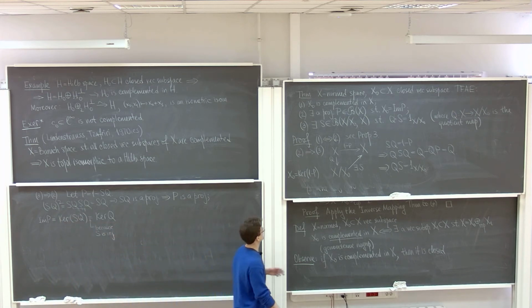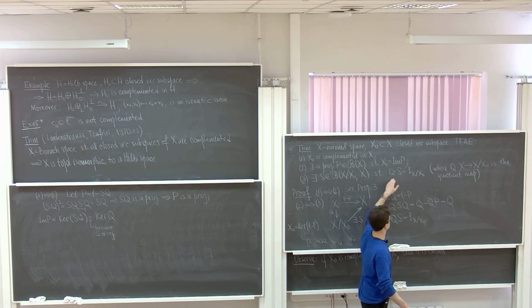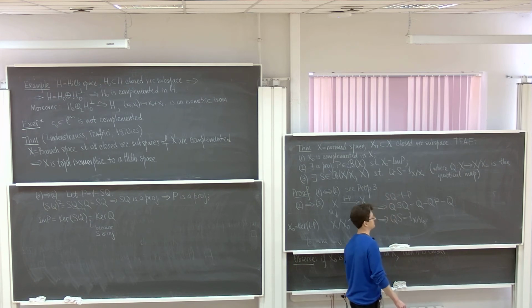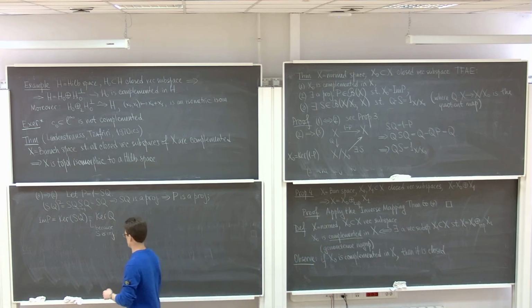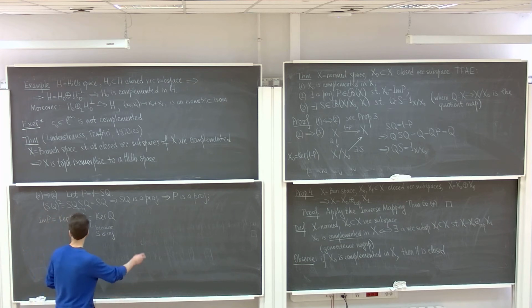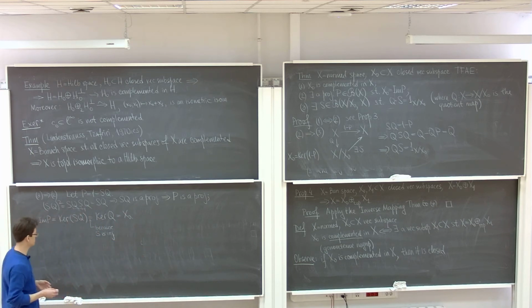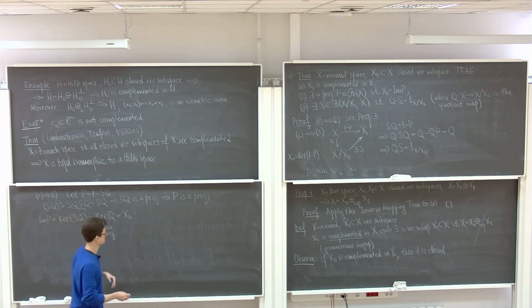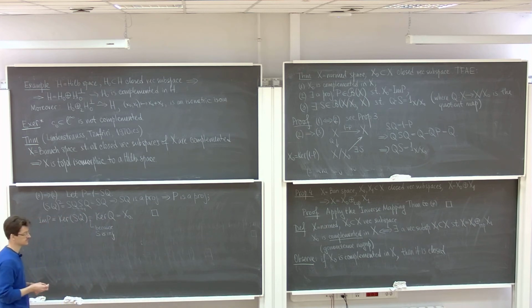And the fact that S is injective is immediate from this formula. This formula already implies that the kernel of S is trivial. So S is injective, and this means that the kernel of this composition SQ equals the kernel of Q. But the kernel of Q is, of course, X0. So we conclude that P is a bounded projection onto X0. And this completes the proof.